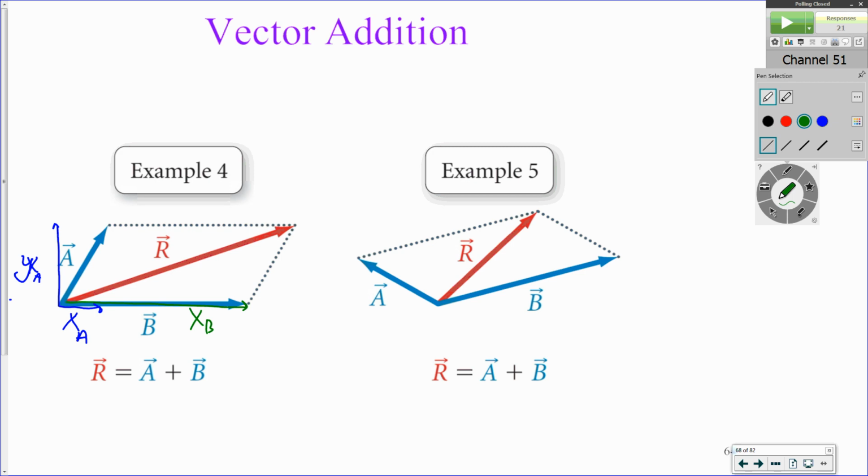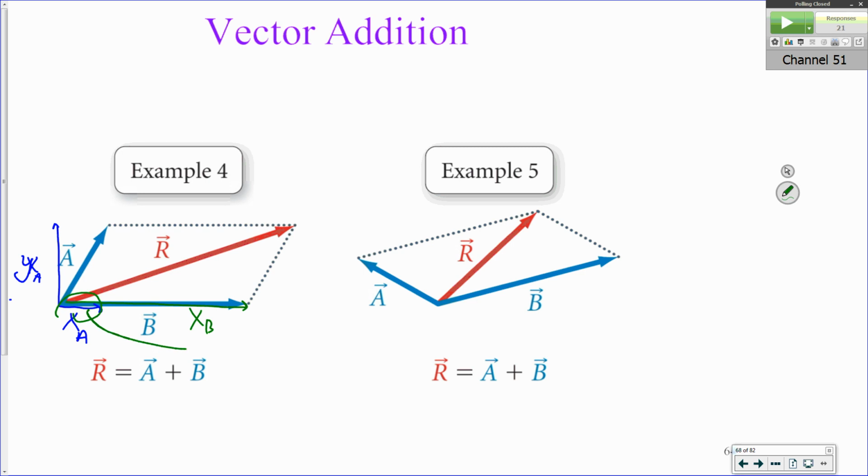To get the result, I just add these two things together. So I take this amount, add it to the end of this one, and come out that distance. So now I have my total in the X direction. In the Y direction, I add the totals for the Y, which puts me up to here, and it gives me my resulting vector that I see.